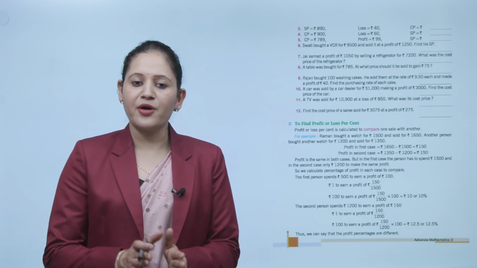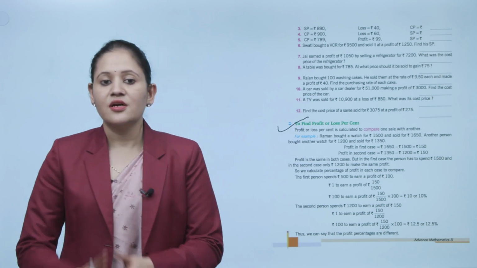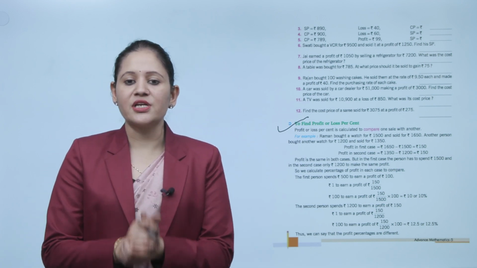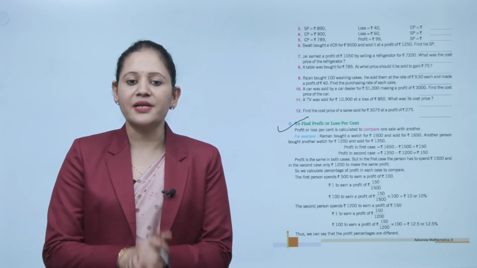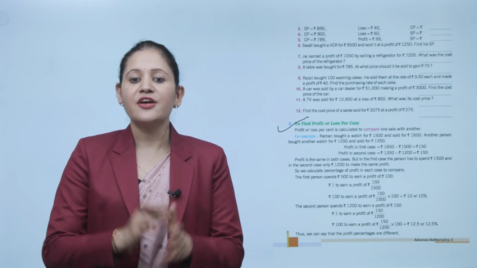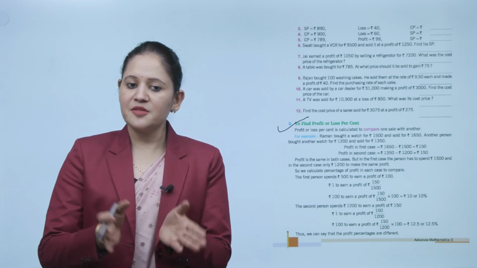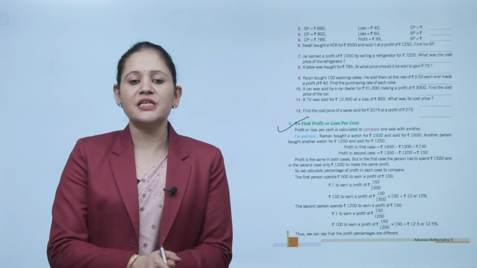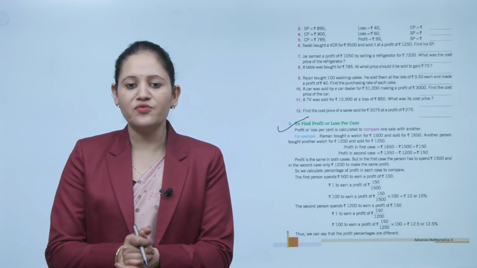Next is to find the profit or loss percent. Profit or loss percent is calculated to compare one sale with another. For example, Raman bought a watch for rupees 1500 and sold it for rupees 1650. Another person bought another watch for rupees 1200 and sold it for rupees 1350.